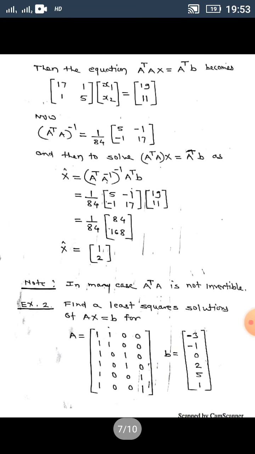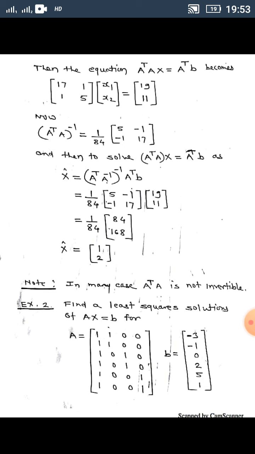Next, the equation we can write is A transpose A X equals A transpose B. So we substitute A transpose A that we have calculated, 17, 1, 1, 5. Now see here students, this is a 2 by 2 matrix.